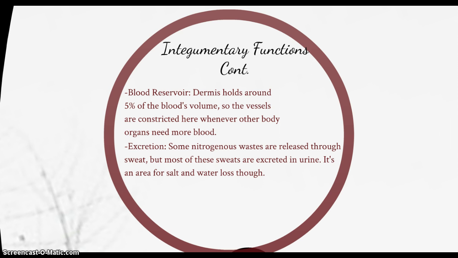Some nitrogenous wastes such as urea and ammonia are secreted through sweat, but most of those are secreted in urine. Really the only waste it secretes is sweat, so the salts and the loss of water, and that's more of a negative loss though.